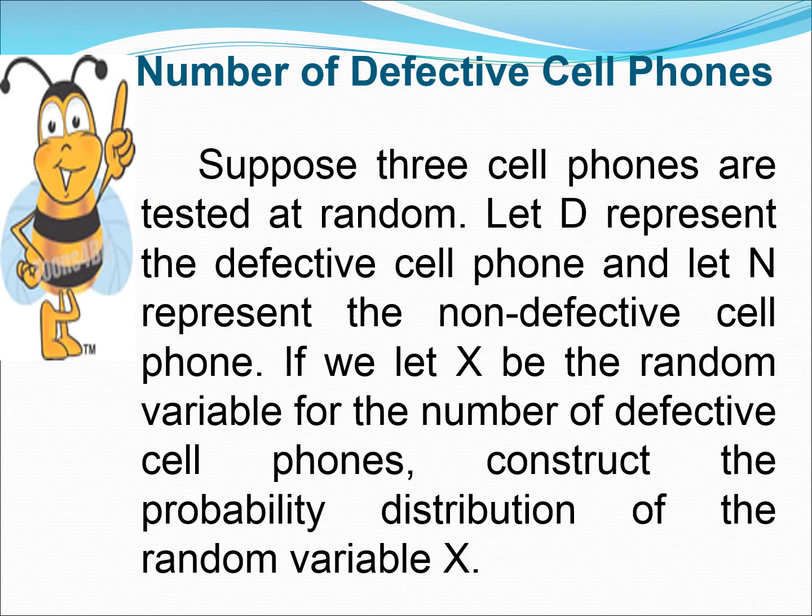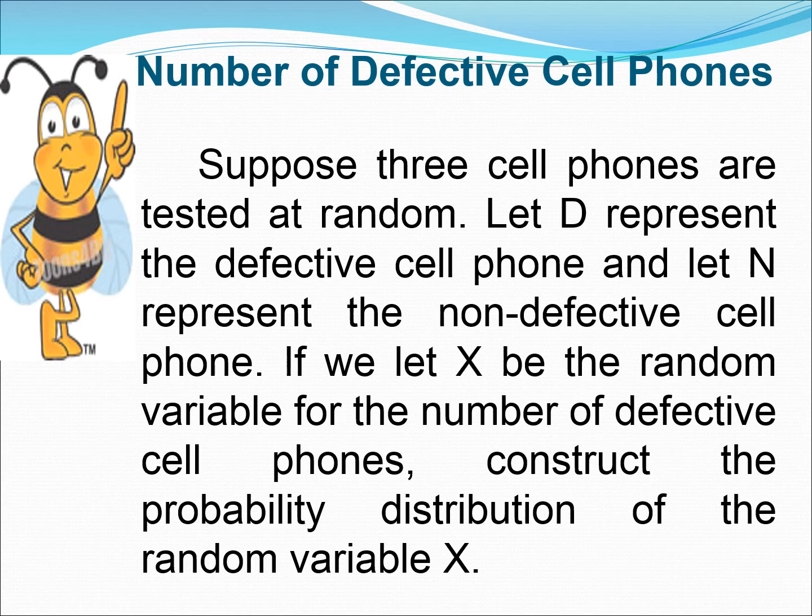Next, number of defective cell phones. Suppose 3 cell phones are tested at random. Let B represent the defective cell phone and let N represent the non-defective cell phone. If we let X be the random variable for the number of defective cell phones, construct the probability distribution of the random variable X. So we have defective cell phones.